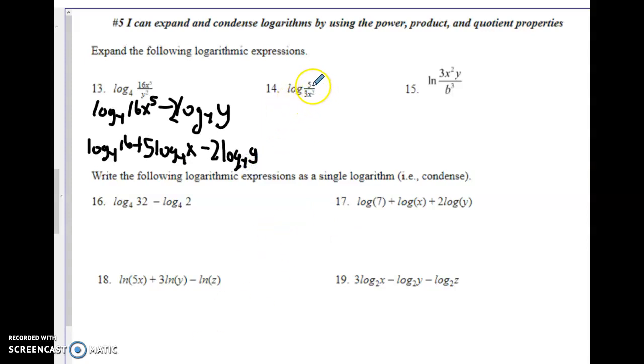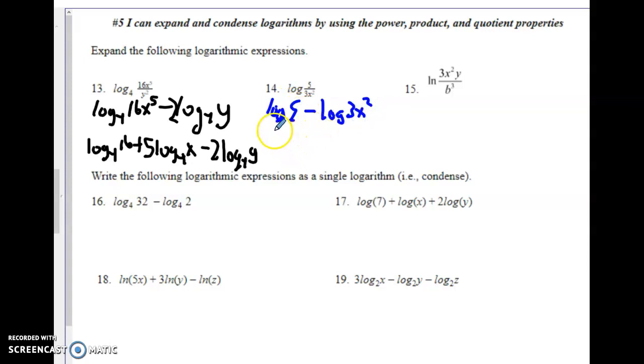All right, next one, I've got division going on also, so I'm going to write log. And this is log base 10, so I don't need to write the base, of 5 minus log of 3x squared. Now this log of 5 doesn't do anything.